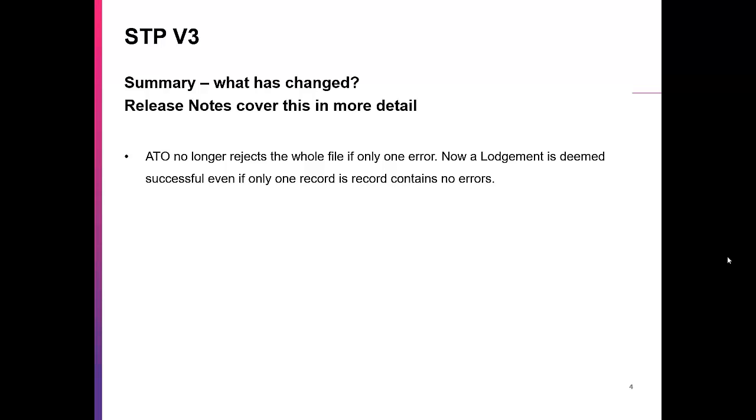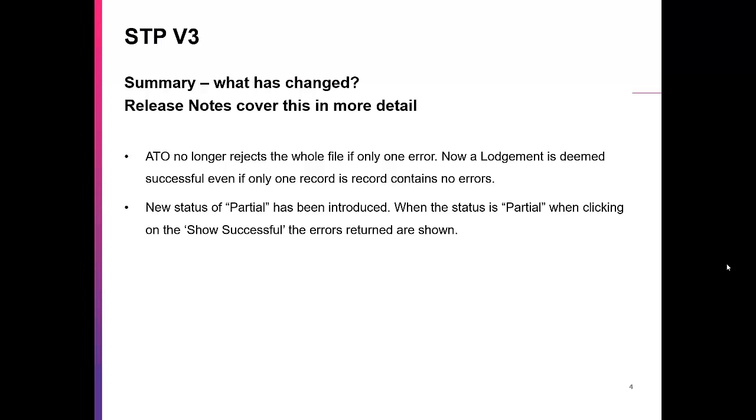The ATO no longer rejects the whole file if there's only one error. Now a lodgement is deemed successful even if only one record contains no errors. Kind of helpful to a degree, but if only one record is successful and all the others error, at least you know one's gone through okay.